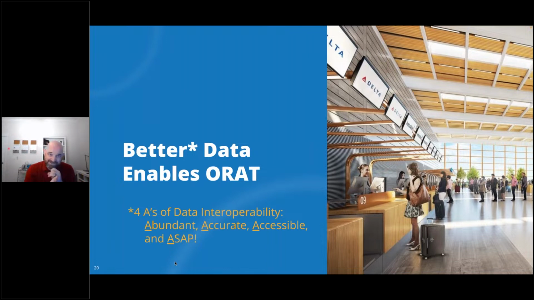It is abundant, so we have all the data that we need. It is accurate, so it represents the as-built conditions. It is accessible. This is critical and a big theme of what I'm talking about here today. It's got to be available to me in a way that I can visualize it, understand it, interact with it, and connect it to other systems. And it's got to be as soon as possible.